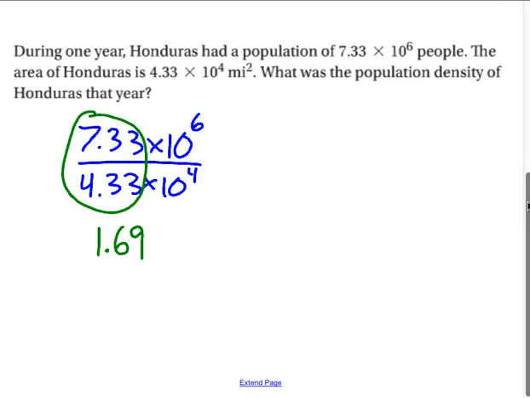Okay? And then the powers of 10, we're talking about our division property. So we're going to subtract 6 minus 4 leaves me with a 2. So there are going to be that many people per mile. Okay, and again, very, very similar to when we were multiplying them together. So you just divide the normal numbers up front and then subtract the exponents when you're dividing in scientific notation.